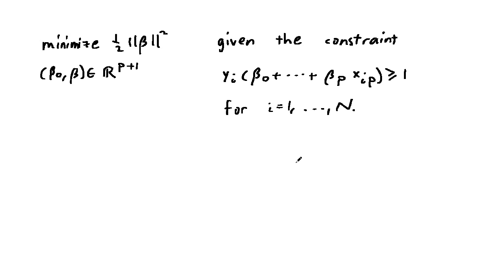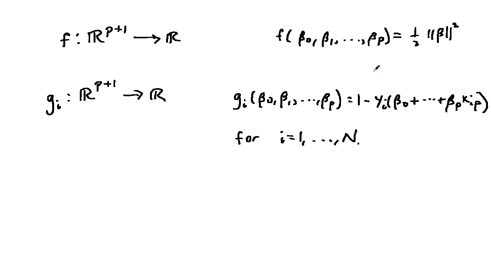This is a convex optimization problem where f given by this and g i given by this are differentiable convex functions. f goes from R p plus 1 to R, and it's defined as 1/2 the norm of beta squared.